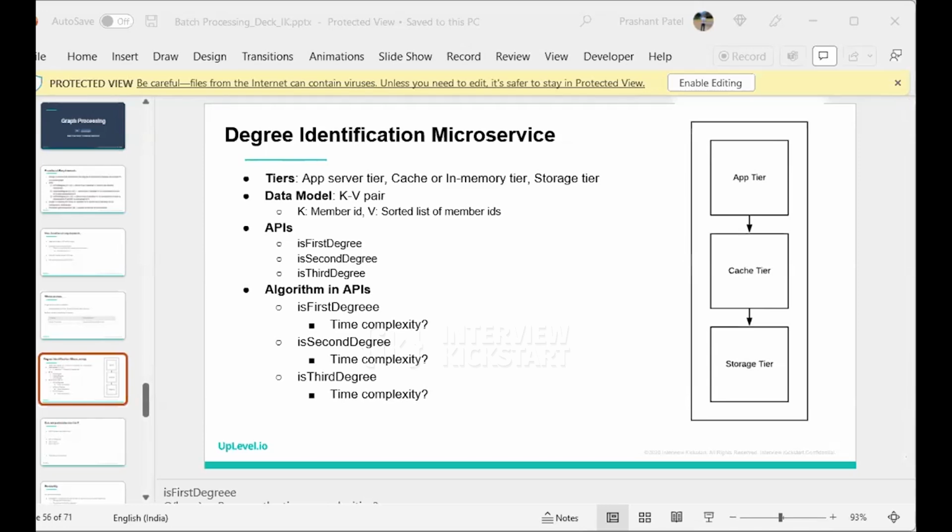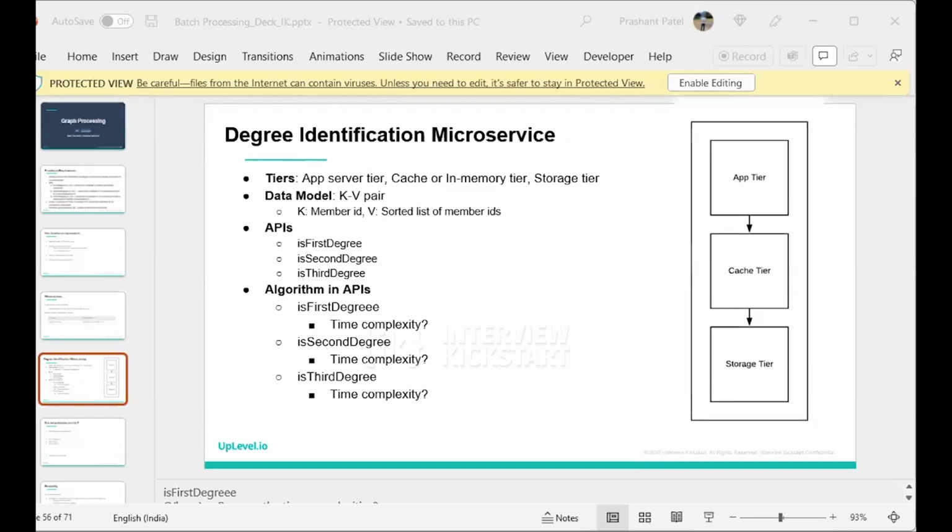The connections are already there, you're just trying to fix the degree. In a way it looks like breadth first search, but actually it's not scanning all the users to create the connections. You are just marking the connections with the degree. So it's like traversing your first linked list, then the second, and then list of lists, like that. So that's my assumption.